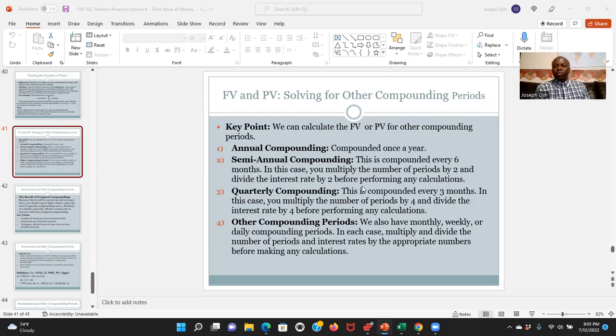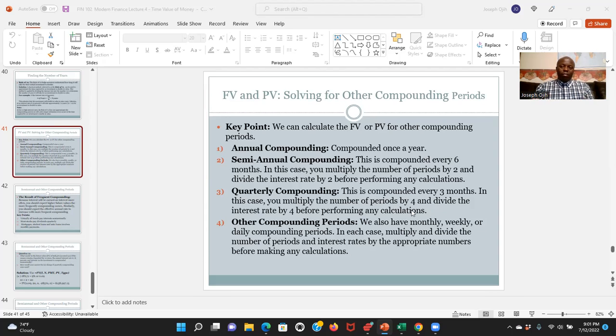Before you can do the calculation of the return or whatever you're calculating, you must divide the interest by 2 and multiply the number of periods by 2 to show how frequent the interest is calculated. If the question says quarterly compounding, that means interest is compounded every 3 months, which is 4 times a year.